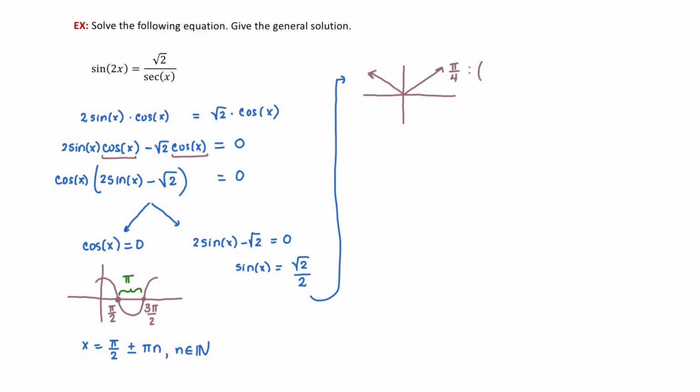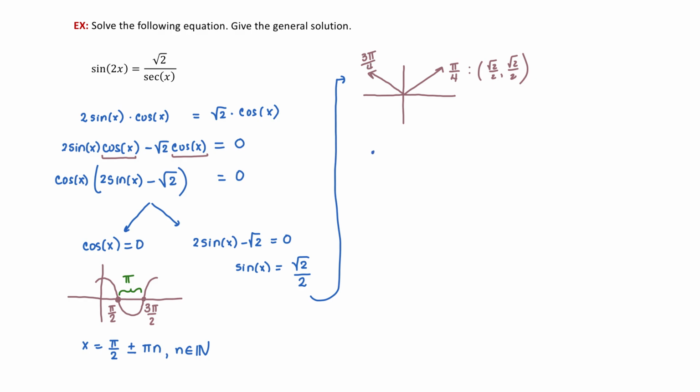Pi over 4 is the only special angle whose coordinates are root 2 over 2. So once we know that we're dealing with pi over 4 as the special angle, then this angle in quadrant 2 will be 3 pi over 4.